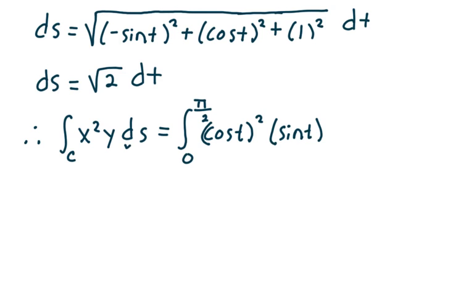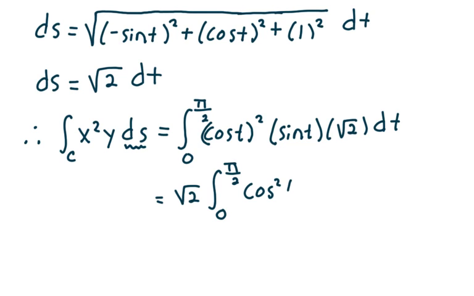And then my ds is square root of 2 dt. So again, this is all substitution all the time, right? And so I'm going to pull the square root of 2 out in front, and I'm going to take the integral from 0 to pi over 2 of cosine squared t times sine of t dt.